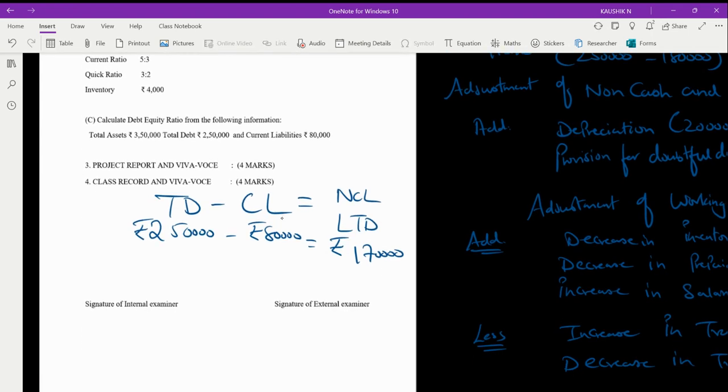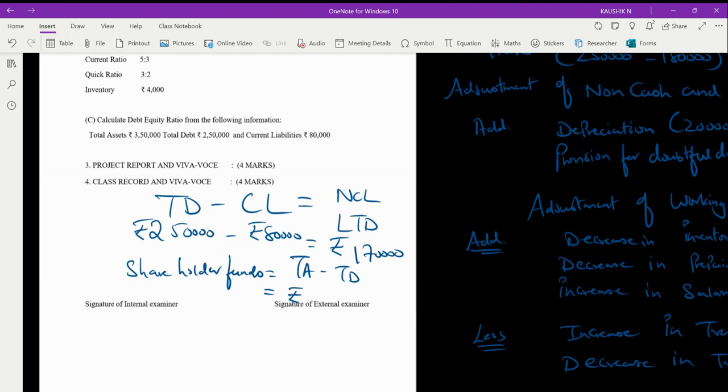And then equity. They are given me equity, just check it up. Do I have equity here or how I get equity? Shareholder funds. Shareholder funds is nothing but from the total asset if you subtract your total debts, that will be equity.